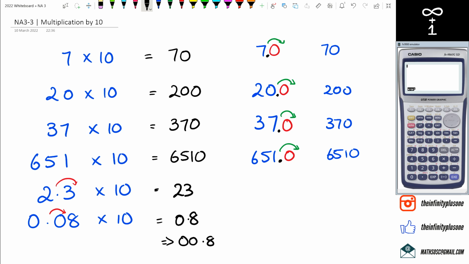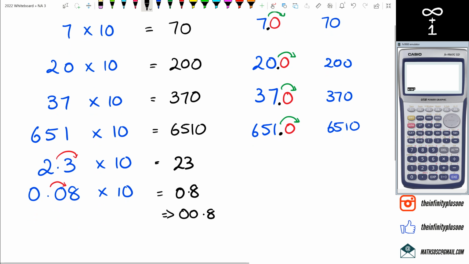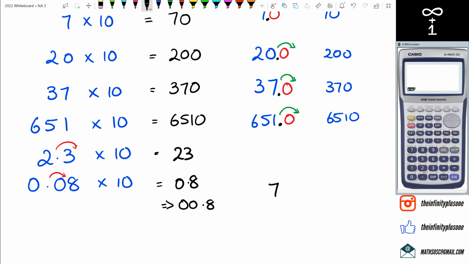And again, when we have a number, we don't really write all the zeros after the decimal. So think about it like this. When we write the number 7, we don't write it as 7.0000. We just write it as 7. Likewise, with decimal points, we don't need to worry about the second zero onwards. So sometimes you might see the answer as just 0.8.